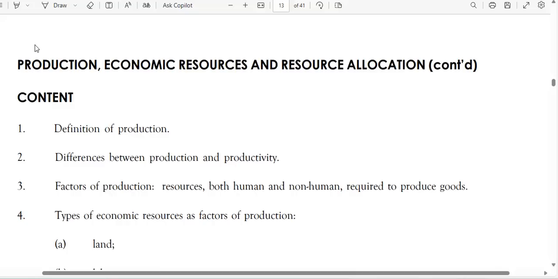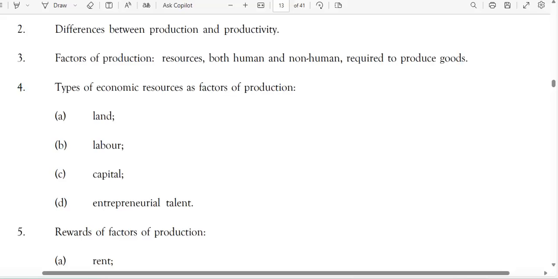All right. Now we're going to look at our final factor of production, which is entrepreneurship. Entrepreneurship as a factor of production. Now, what is entrepreneurship?